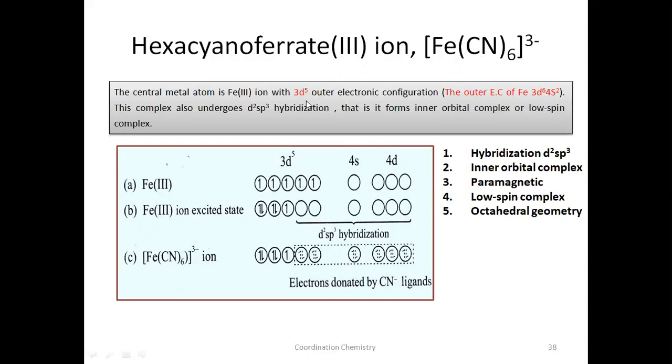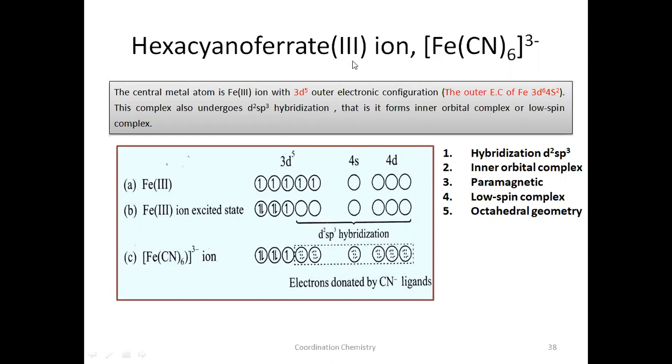Now first let us see the outer electronic configuration of iron. What is the atomic number? It is 26. With 26 atomic number, the outer electronic configuration of iron is 3d6 4s2. Now what is the charge on iron here in this complex? It is plus 3.